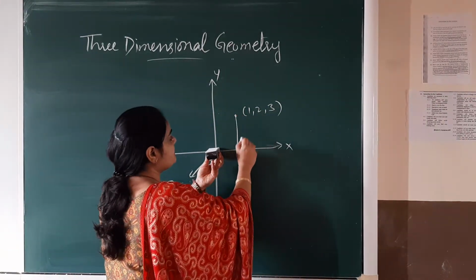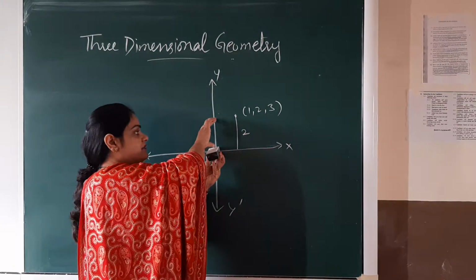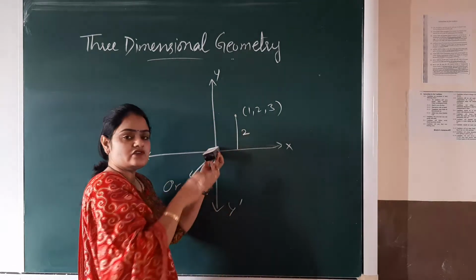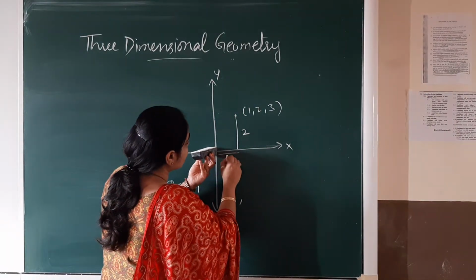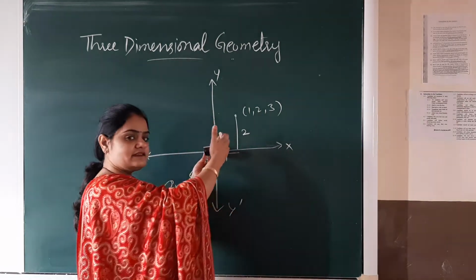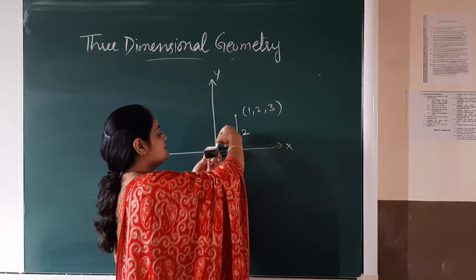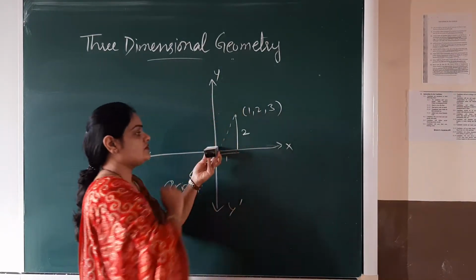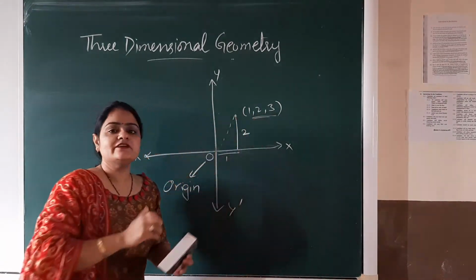Of course, it is covering 2 units parallel to the y-axis, so it is covering 2 units in the y-axis, 1 unit in the x-axis, and on the z-axis it is covering 3 units. So we are getting 1, 2, 3 in the very first octant.